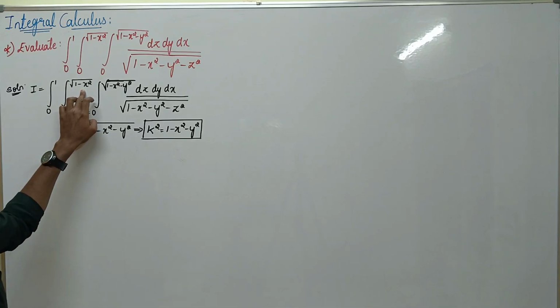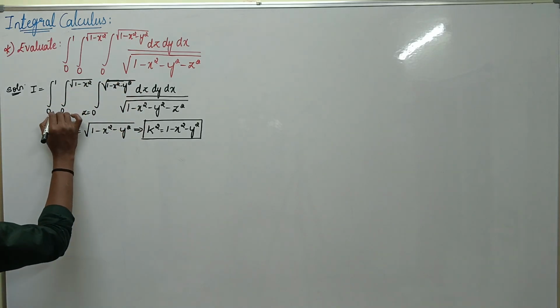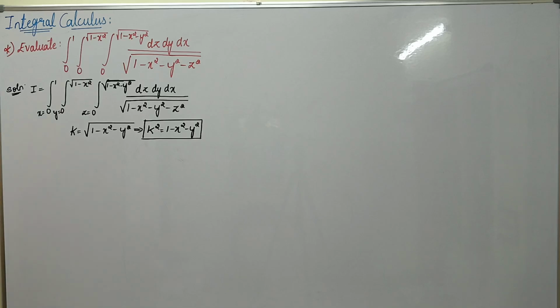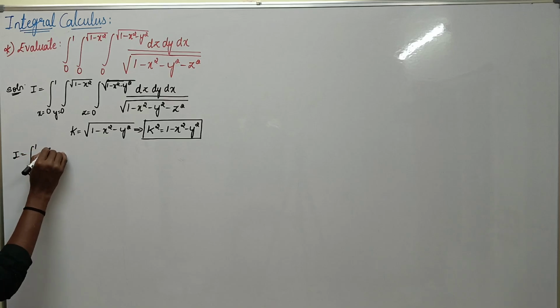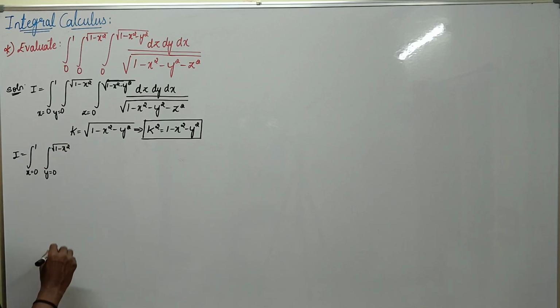Since it is defined with respect to x, I need to integrate with respect to y itself. The remaining last integral is with respect to the remaining variable, that is x. Now, let us represent this one. I, which is equal to x varies from 0 to 1, y varies from 0 to root 1 minus x square. Got the point? Yes.